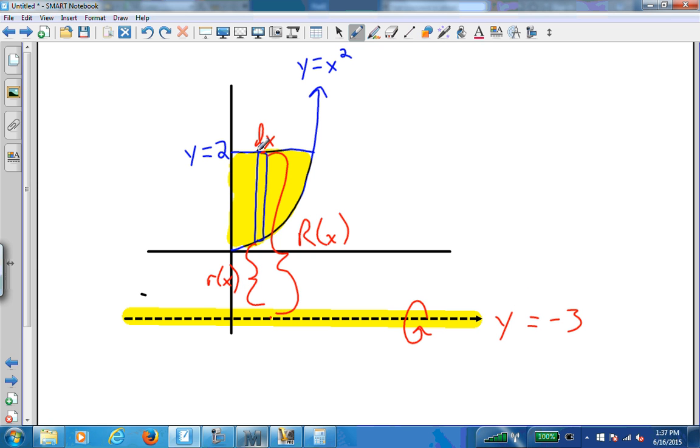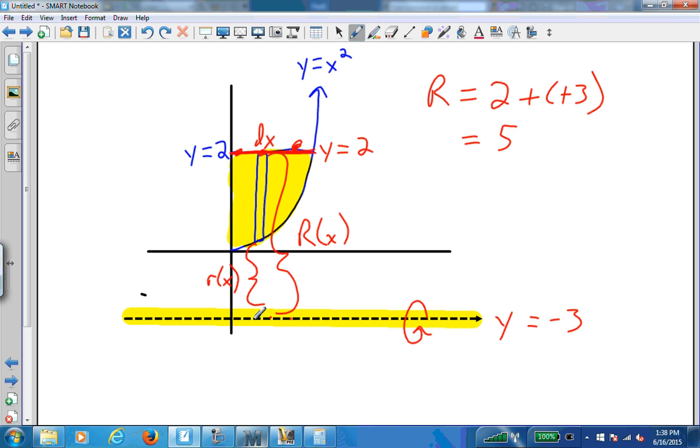Now notice this is a constant, y equals 2. So let's figure out big R. If we take the outer minus the axis of rotation, 2 minus -3, we get 5. That distance is always going to be 5 because that's a horizontal line.